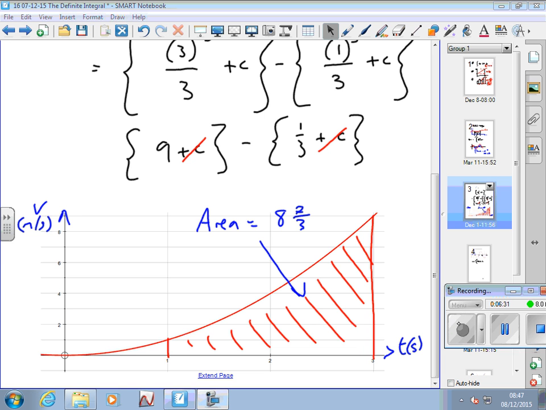It represents the displacement. Say it was going at a constant speed of 6 meters per second for 3 seconds. 6 meters per second for 3 seconds, you've gone 18 meters, and that's the area underneath that rectangle. 6 times 3 is 18. So the area represents the displacement if we were plotting velocity against time.